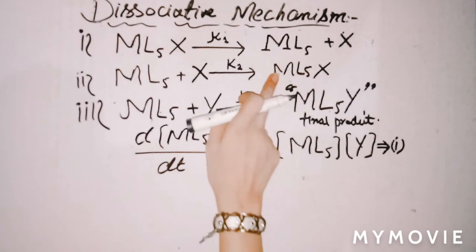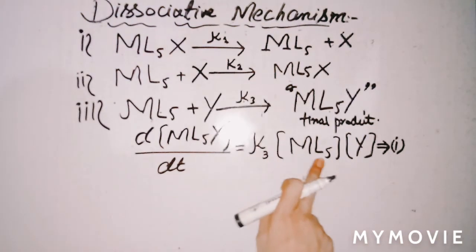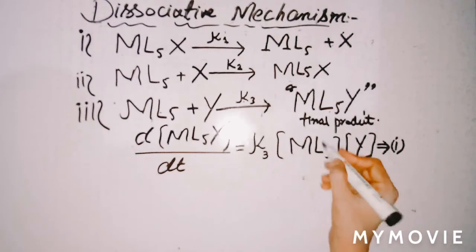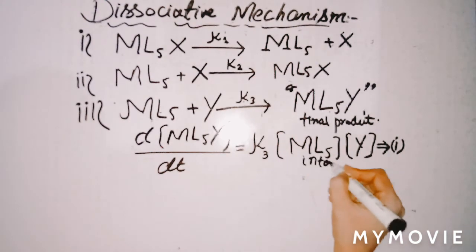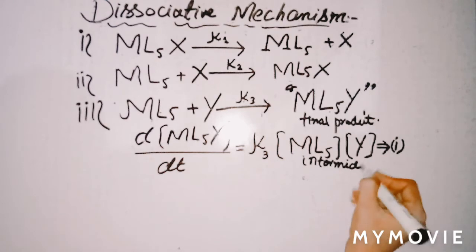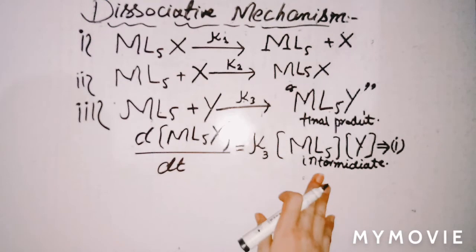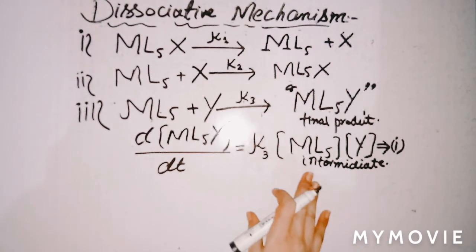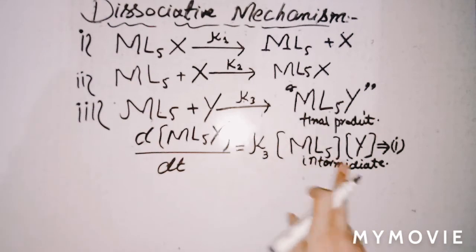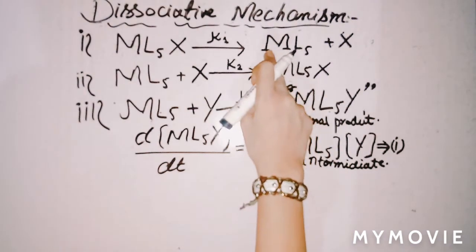So we use the steady state approximation to find the concentration of the intermediate. According to the steady state approximation, the rate of formation of the intermediate is equal to the rate of decomposition of the intermediate.